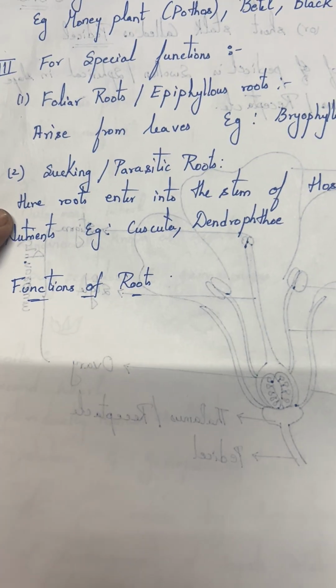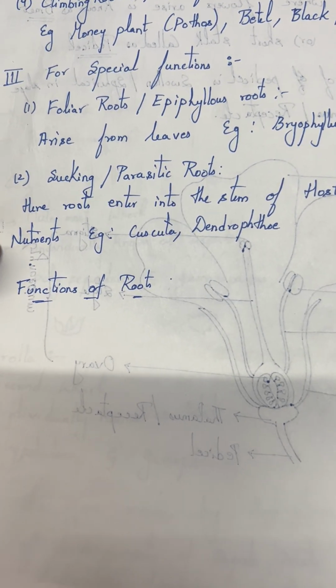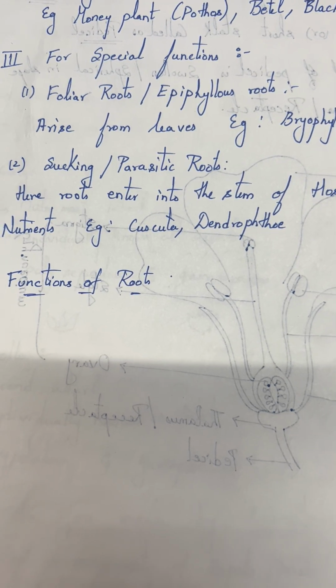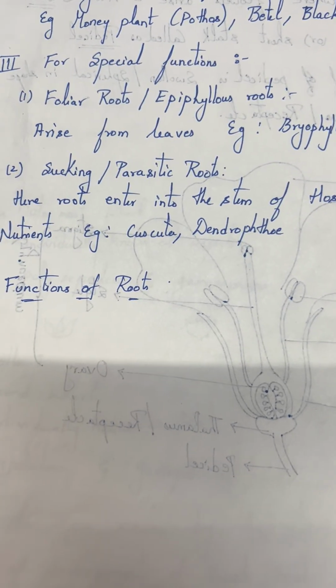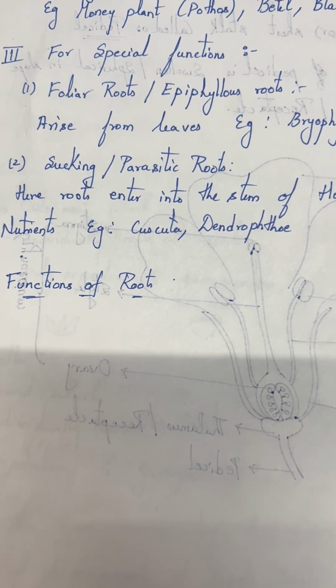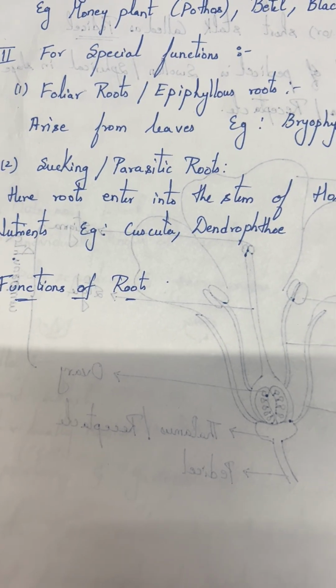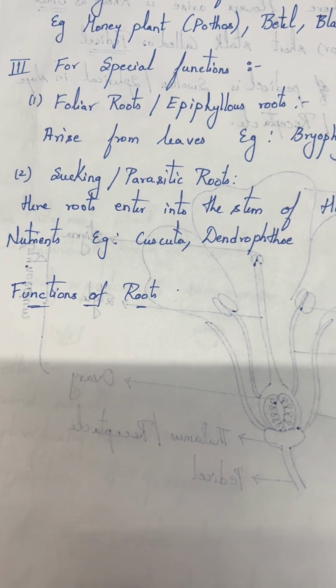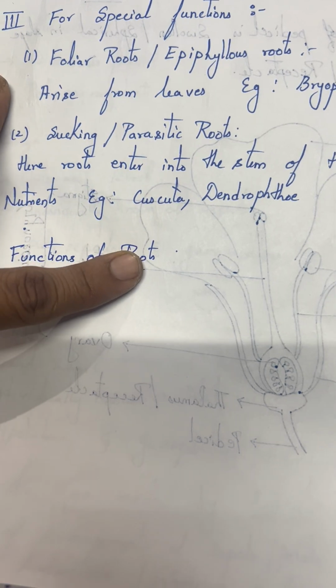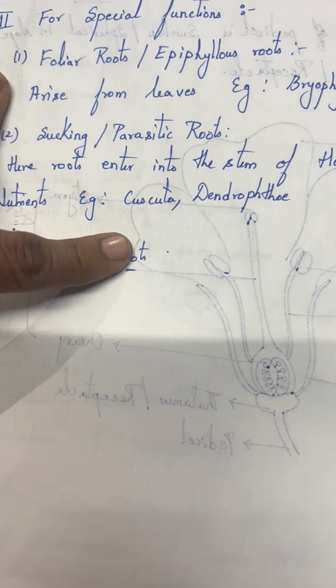Here roots enter into the stem of the host plant to obtain nutrients. The roots of one plant enter inside the stem of another plant, so that the nutrients of the main plant can be obtained by the other plant.